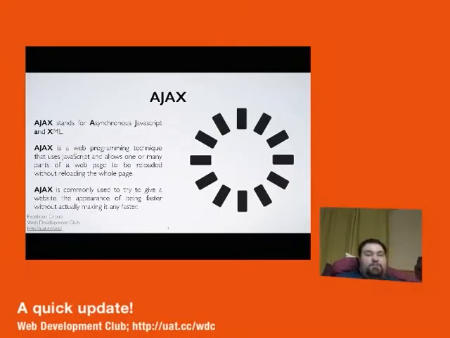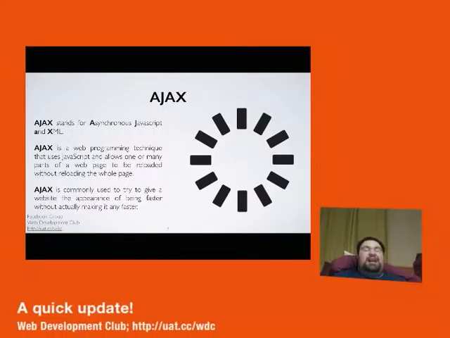And the next one, we're whizzing through them here. We are on number 7 already, I believe, 6 or 7. So the next one is AJAX. AJAX stands for Asynchronous JavaScript and XML.